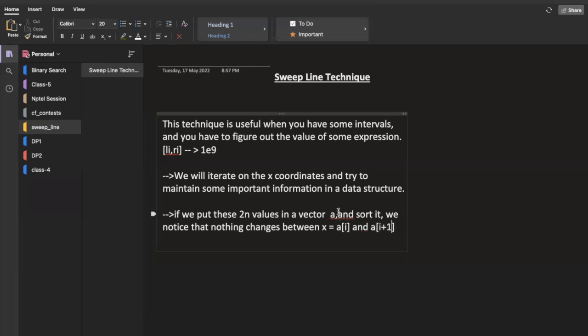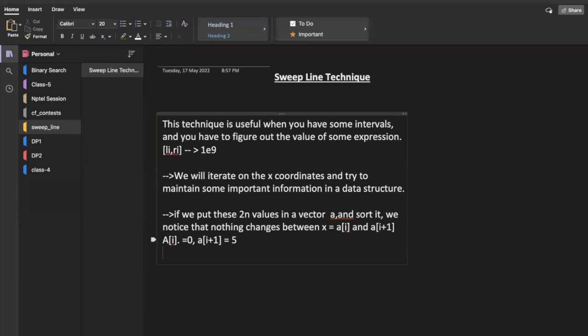Why? Because no interval is starting and no interval is ending between these 2 points. Let's say that ai is equal to 0 and ai plus 1 is equal to 5. The situation between x equals 0 and x equals 4 is exactly the same. So if we are considering x equals 0, we don't need to consider any value from 1 to 4.